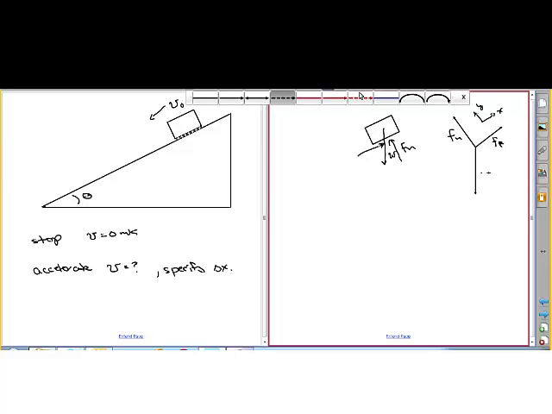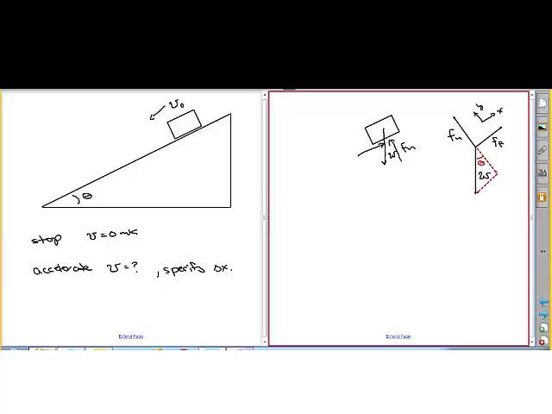And really the only difference between this and flat is that we break the weight up into a component that is perpendicular and a component that's parallel to the surface. And remember this, which angle is it? If you draw the thing like this, this is theta. That's the angle of the wedge.